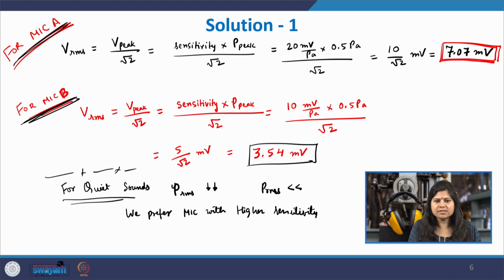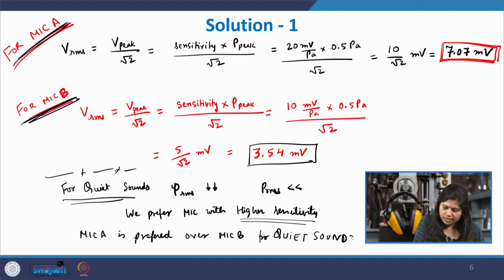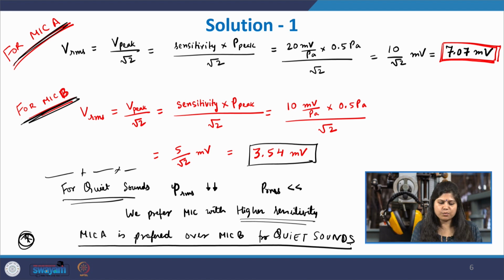So, the higher the sensitivity, the better amplified signal we will obtain. Hence, for quiet sounds, mic A is preferred because it has a higher sensitivity over mic B. Okay. So, mic A is preferred over mic B for the quiet sounds recording.